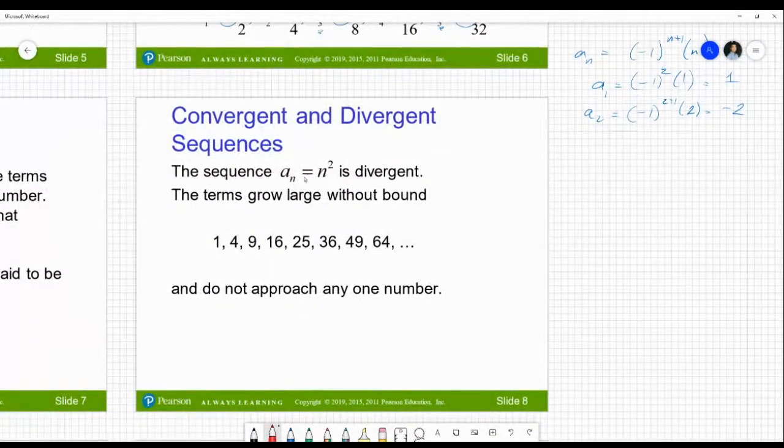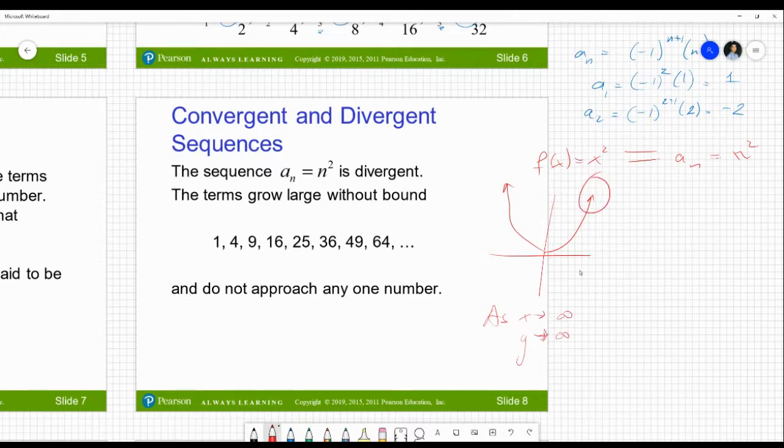Okay, so a sequence a_n equals n squared. Let's look at the graph of f(x) equals x squared. And by the way, these two are the same thing: a_n is equal to n squared. We know what the graph of x squared looks like, right? It's just a parabola. Now, if n or x goes to infinity, as x approaches infinity, the y value also goes to positive infinity.